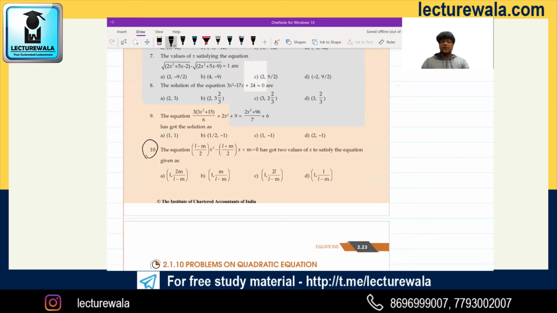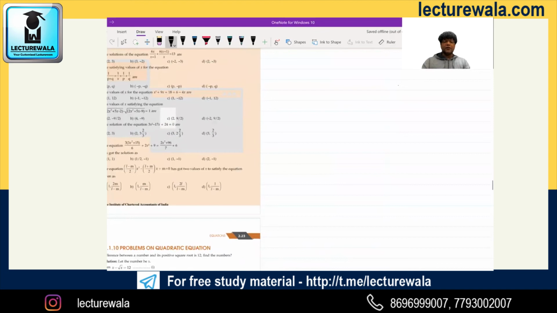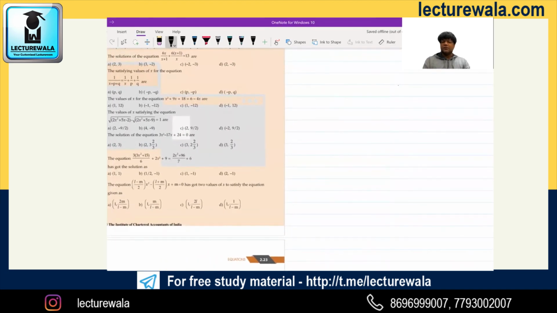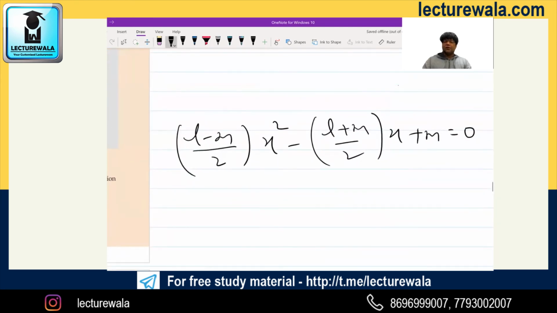So for question number 10, I prefer you solve by the original method. You know how? Factorizing. Do this question by middle term factorization. I will write one line and you will understand. See, this is (L minus M)/2 into x square minus (L plus M)/2 into x plus M is equal to 0. How to split the middle term?